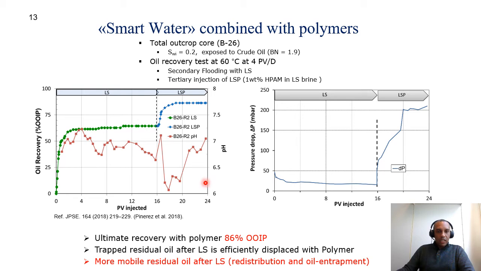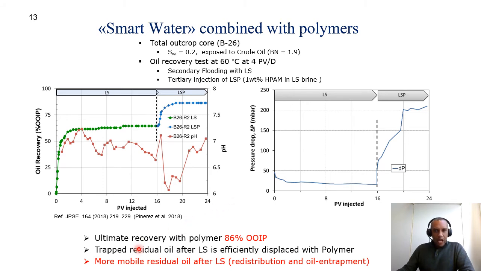Therefore, in total, the ultimate oil recovery after the low salinity polymer flood was 86%. This is a staggering result compared to the tertiary experiments with the low salinity brine or only with polymer, which I will show later.